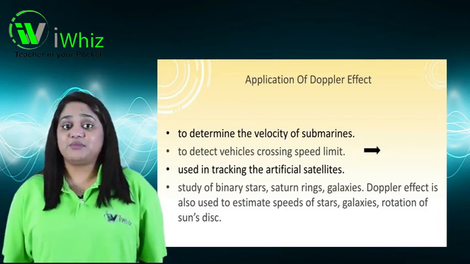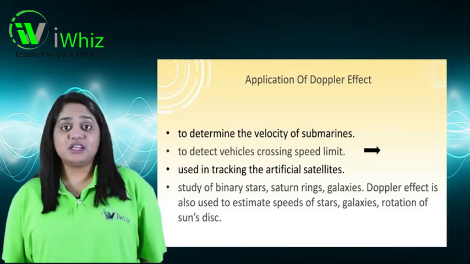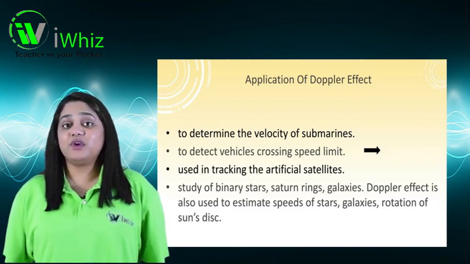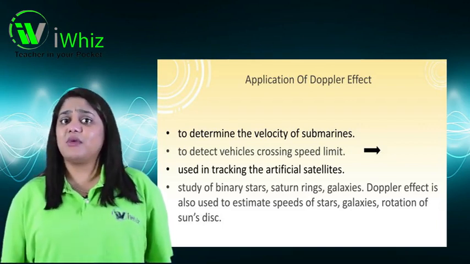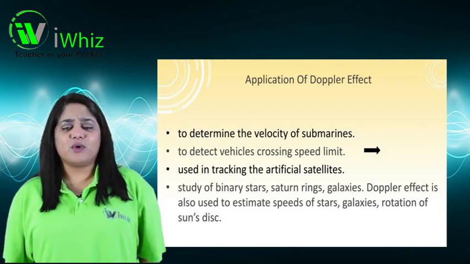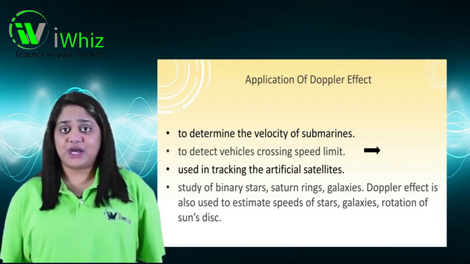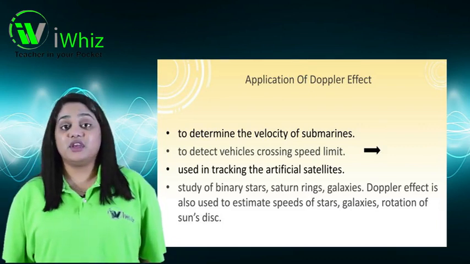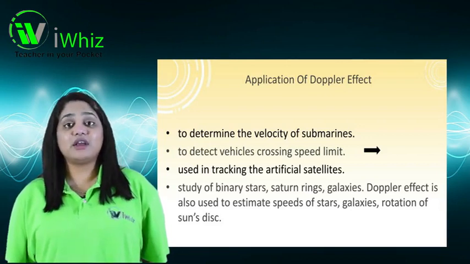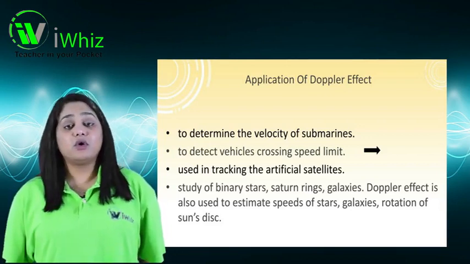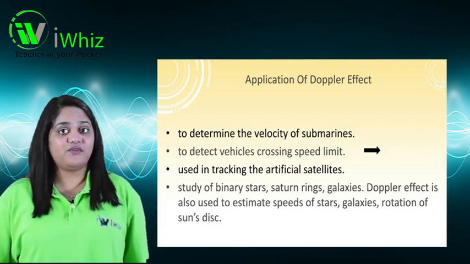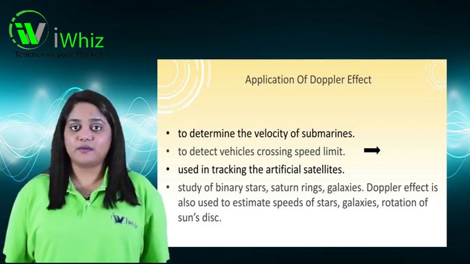Now, Doppler effect may be used in detecting submarines, detecting vehicles that are moving past the speed limit, and so much more. Have you ever wondered how you got caught in a speed trap? That's because as the vehicle is approaching, the camera is able to calculate by using Doppler effect how fast you are actually going.